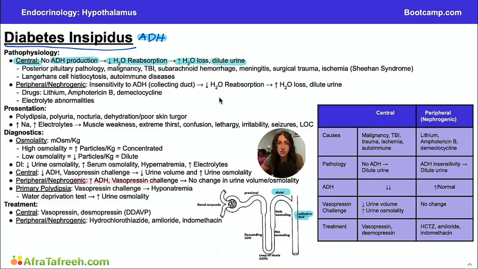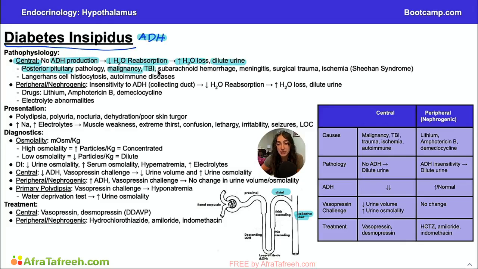So what causes our central diabetes insipidus? Well, antidiuretic hormone is made by the hypothalamus, as we mentioned, but it's stored in the posterior pituitary. So posterior pituitary pathologies can also lead to a problem with ADH production. You can have malignancies, different types of cancers that can involve the posterior pituitary and lead to a problem with ADH production.